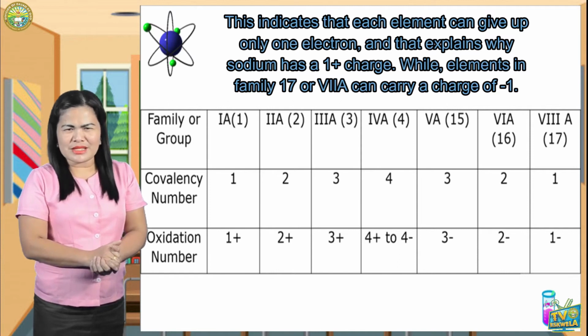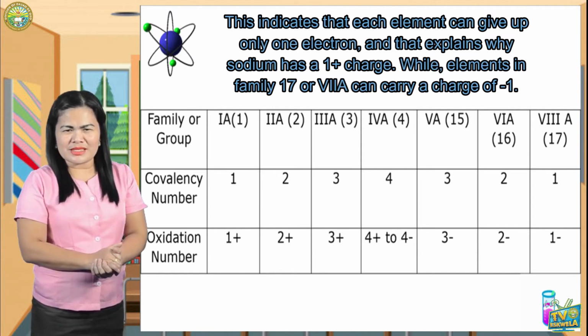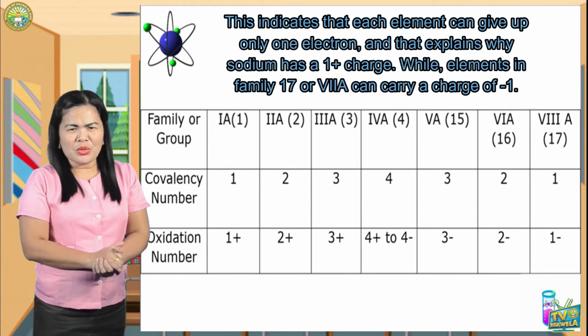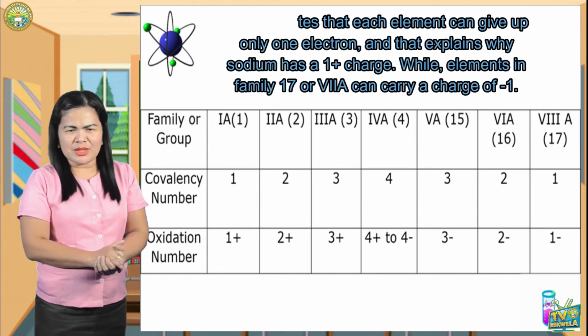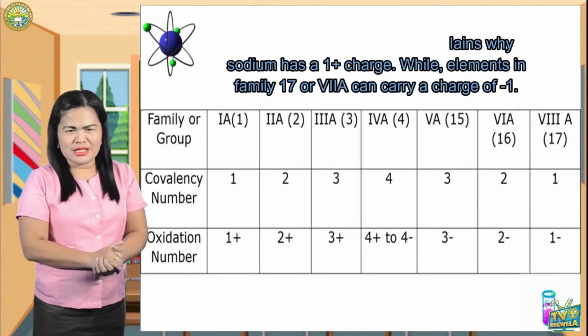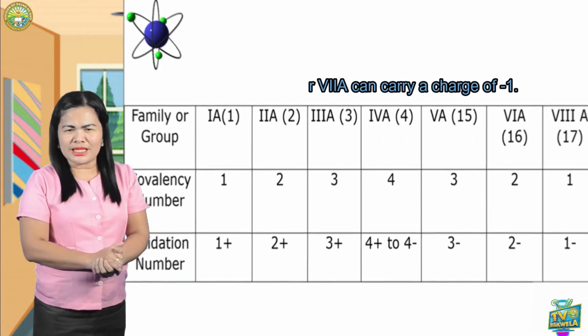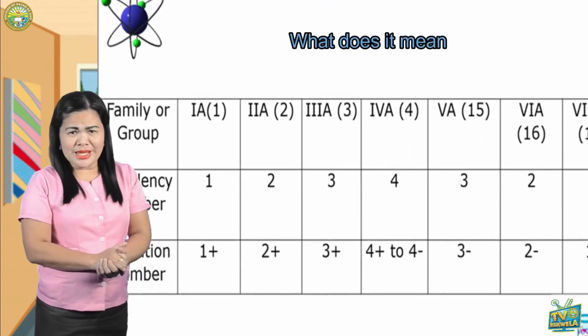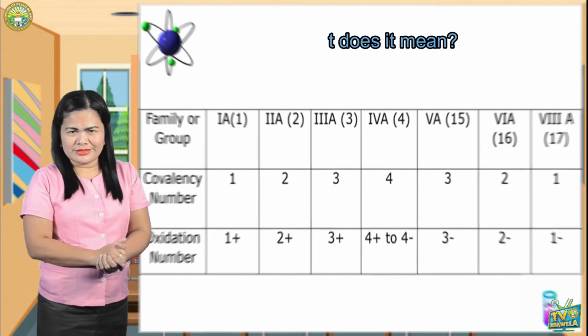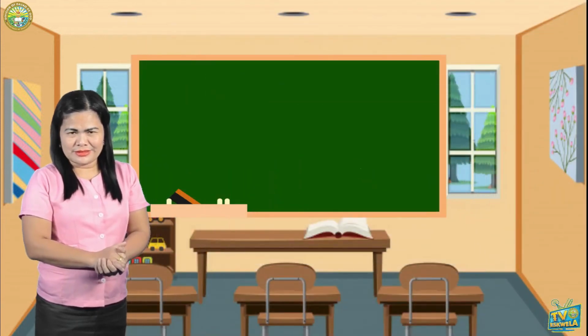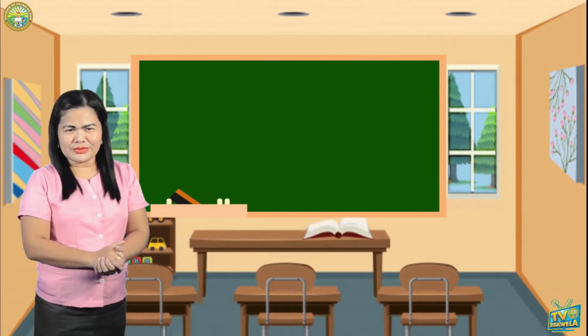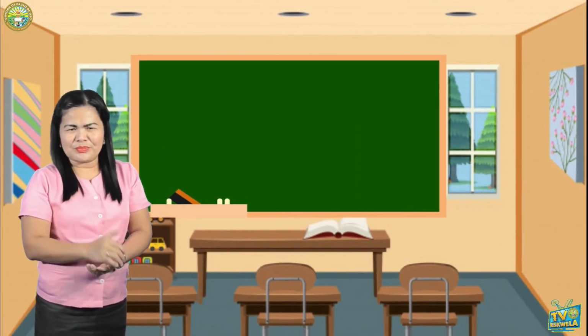And that explains why sodium has positive 1 charge, while elements in family 17 or 7A can carry a charge of negative 1. What does it mean? Nice answer!